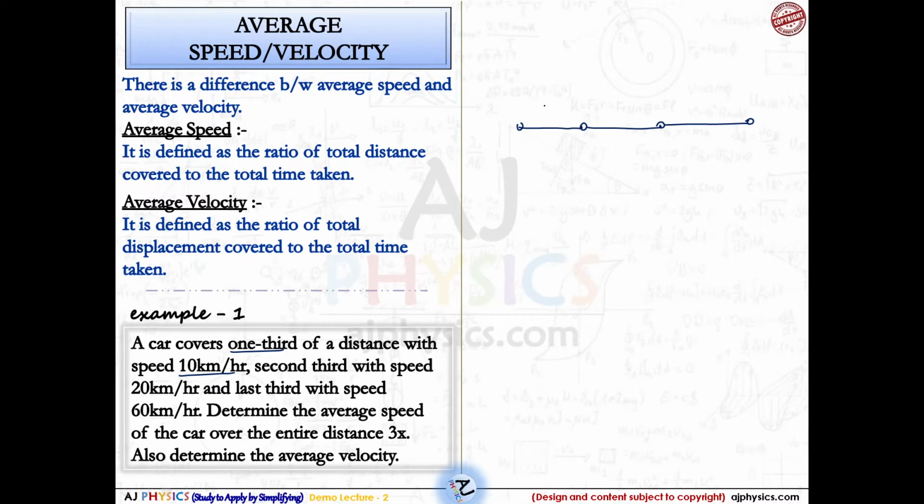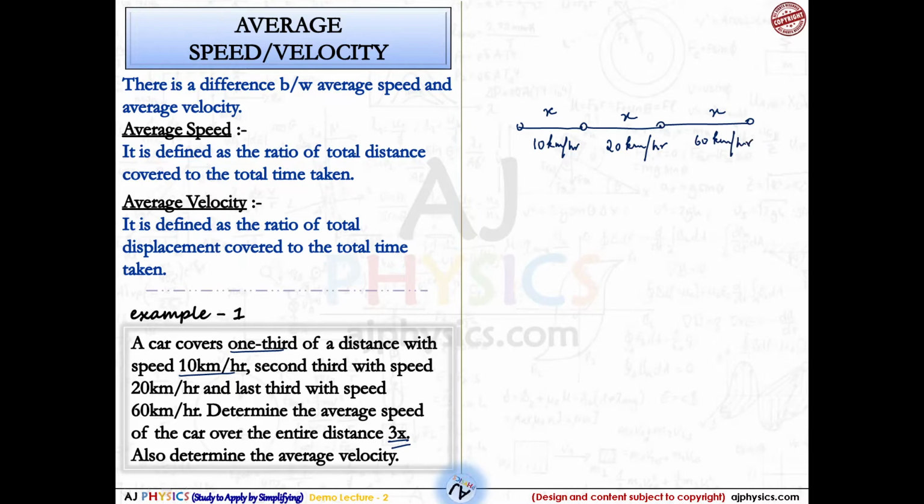This is one third and the total distance is 3x. If this distance is x, all three distances will be x here. And this is 10 kilometers per hour, this is 20 kilometers per hour, and this is 60 kilometers per hour.